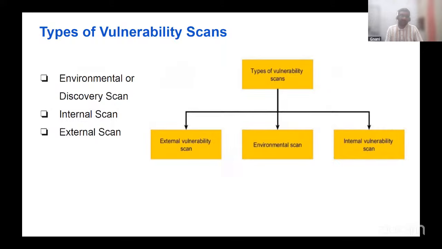So always you have to scan them as well, right? I can't go ahead with last month's data. I always need updated, accurate data. That is where this environmental or discovery scan will help you to get more details about the latest asset list. Then I'll start prioritizing it.